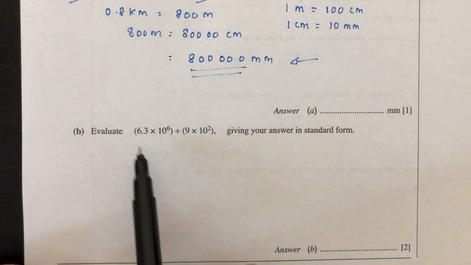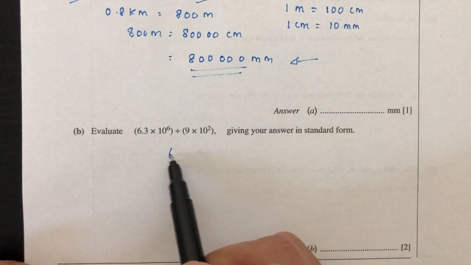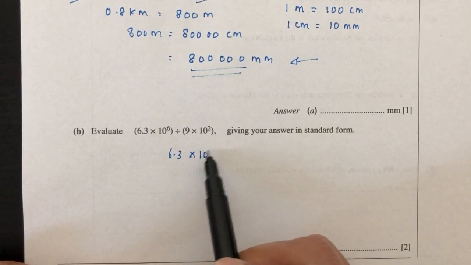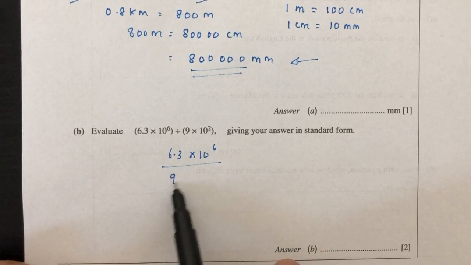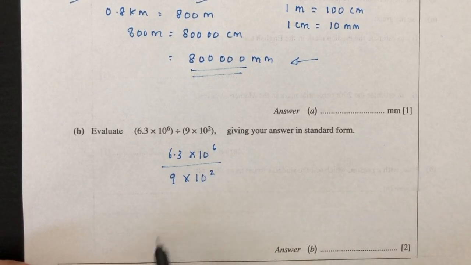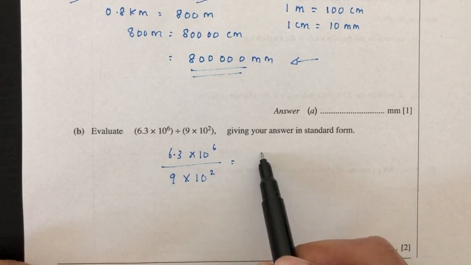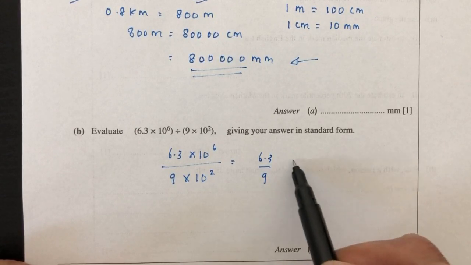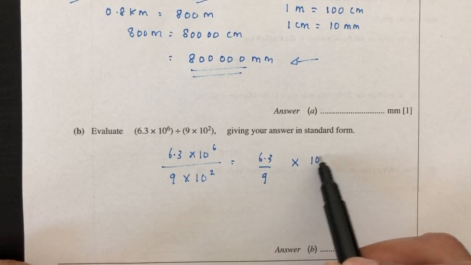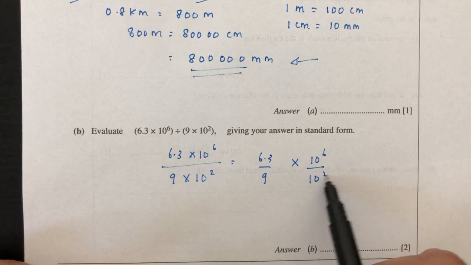Now part B, evaluate this one. So 6.3 times 10 power 6 divided by 9 times 10 power 2. We can look at this separately. First we'll look at the numbers.